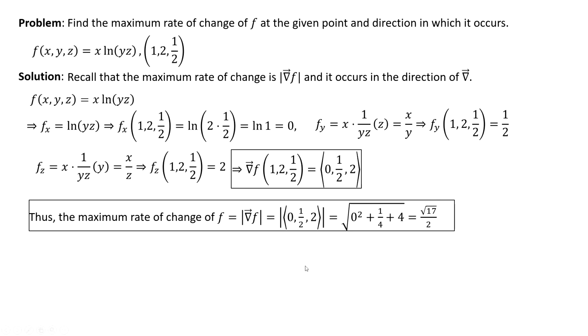As far as direction is concerned, it is in the direction of this vector del, that means in the direction of 0, 1/2, 2. The only thing you need to make sure is that you give the unit vector. This is not a unit vector, right? Is it? 1/4 plus 4.